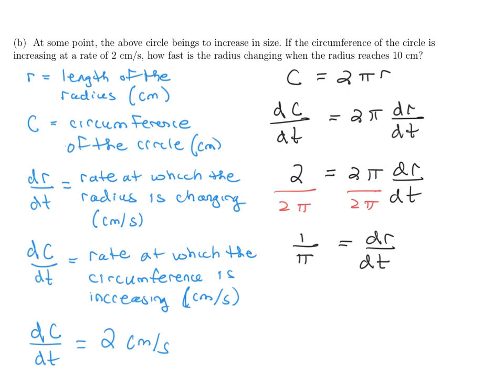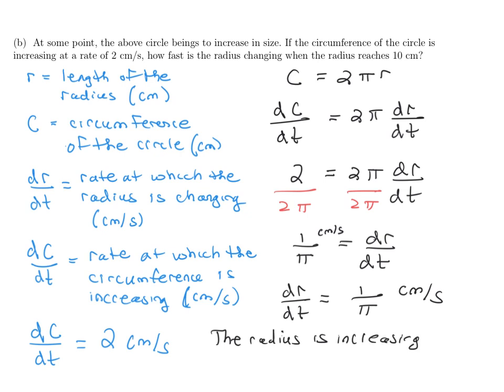And just to be careful, to write units next to this, this is centimeters per second. The exact answer is 1 over pi centimeters per second. This means the radius is increasing at a rate of 1 over pi centimeters per second.